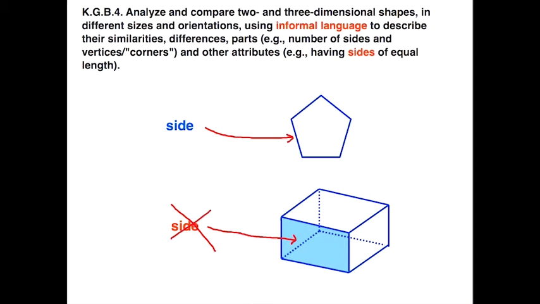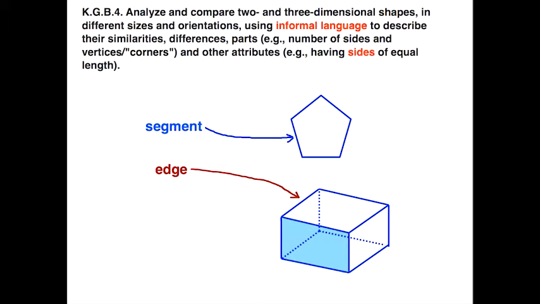So mathematically, to avoid that confusion, we don't call that part of a rectangular prism a side. We call that a face. Mathematically, we should call on a 2-dimensional figure this a segment, but on a 3-dimensional figure we call that an edge. And when we're talking about the rectangle and its interior on a rectangular prism, that is referred to as a face of the rectangular prism.